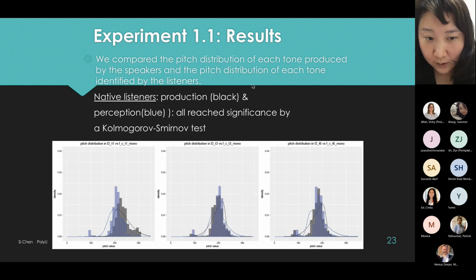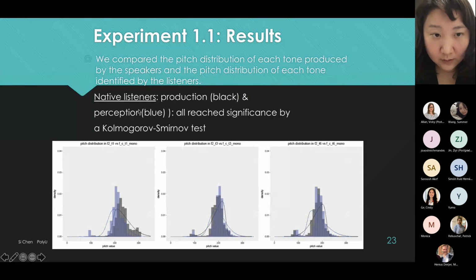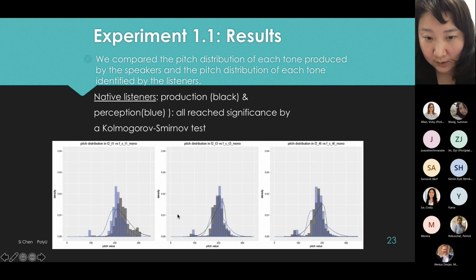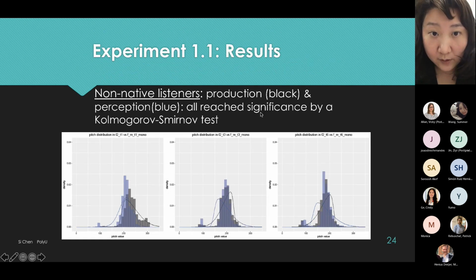Originally we thought that the tones perceived and the tones produced would overlap, maybe even completely. However, when we did the analysis, we found that although you can see some overlapping areas, none of these distributions overlap completely. That's for the native listeners.